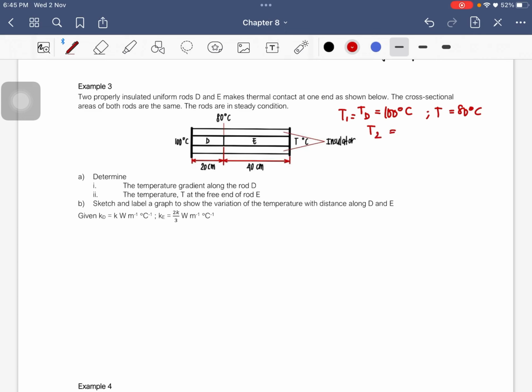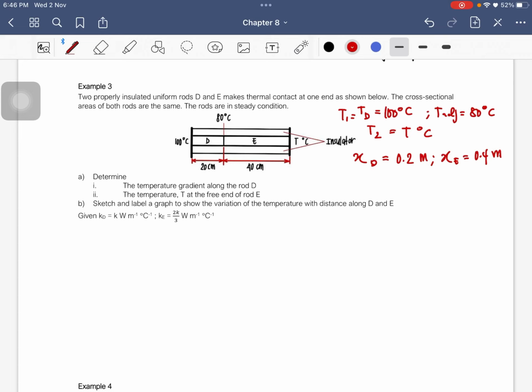Put adjoint only, because T2 is T degrees Celsius, already written there. Okay, and then the thickness, XD is 0.2 meter. Thickness for material E is 0.4 meter.